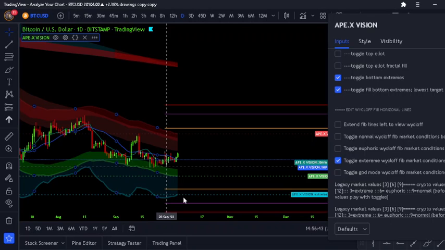If we play with the EMAs only on here, turn the fills off, so it shouldn't get too blown out. Alright, so this is how you use the EMAs with Fibonacci.